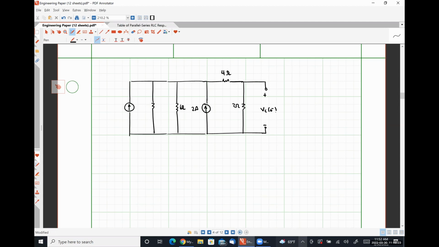Here is VC of 0 minus. Here is I of 0 minus.